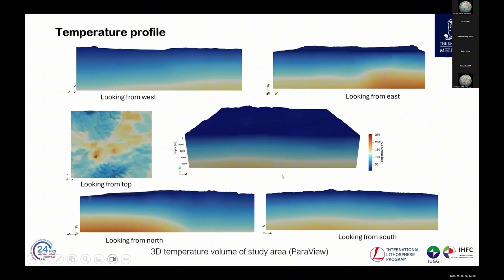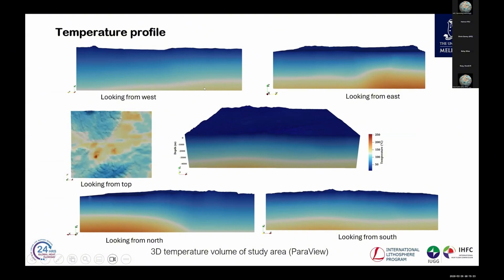So this is the temperature profile of the study area. The center shows the temperature volume. The depth goes up to 5 kilometers, and temperature ranges from cold at the surface to 250 degrees Celsius at the bottom of the model.